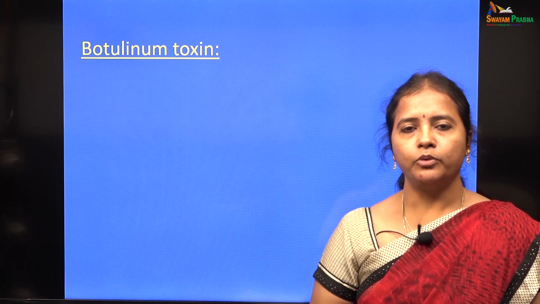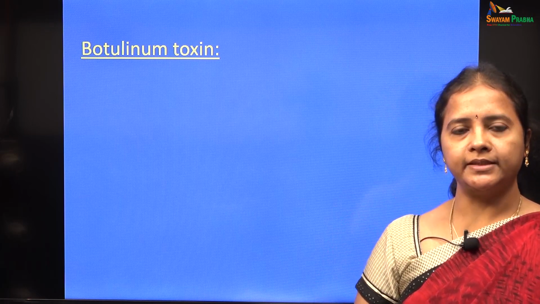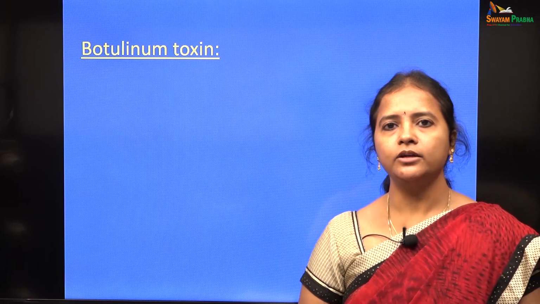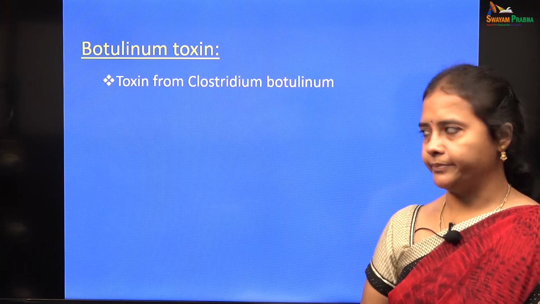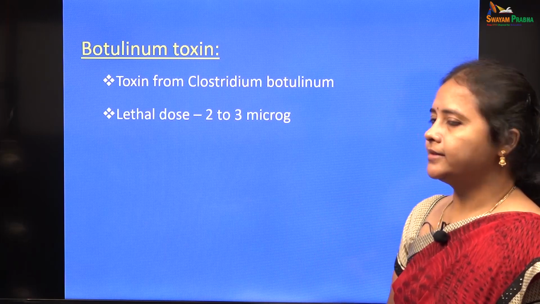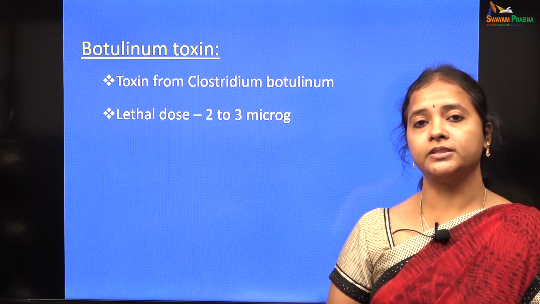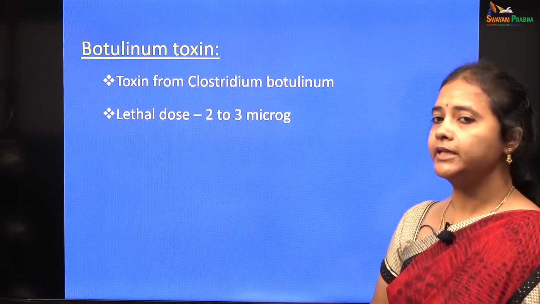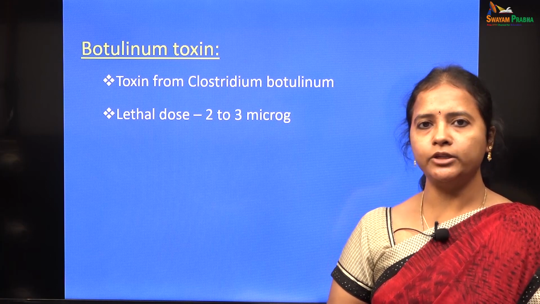Botulinum toxin. Botulinum toxin is a toxin which is synthesized from an anaerobic bacteria called Clostridium botulinum. This bacteria can produce a neurotoxin which at a concentration of 2 to 3 micrograms can be lethal to human beings.